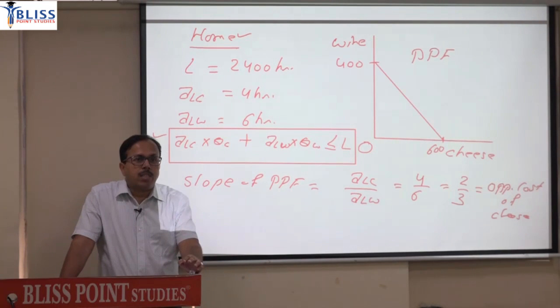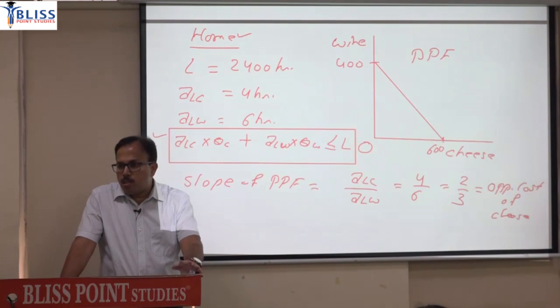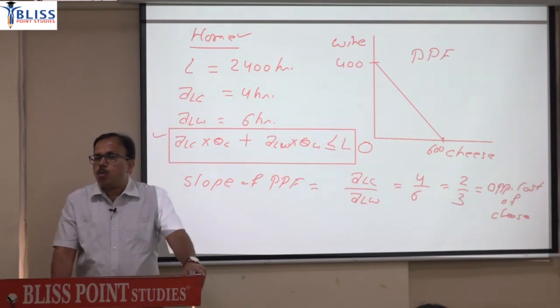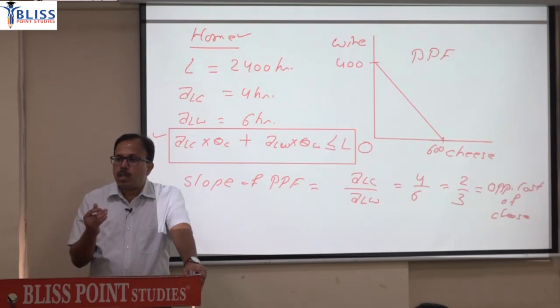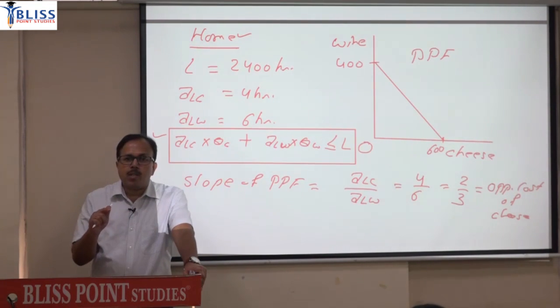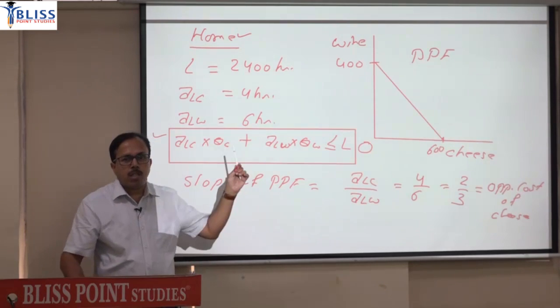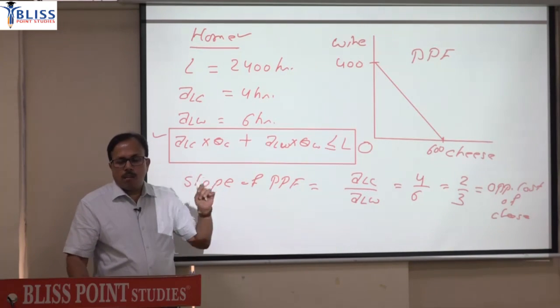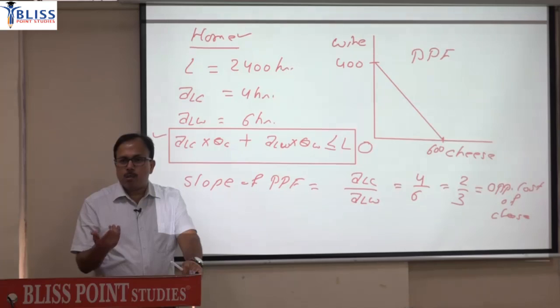Opportunity cost is always stated in terms of the other use that you sacrifice. So opportunity cost of cheese in terms of wine, opportunity cost of wine in terms of cheese. उसको नंबर से जस्टिफाई करो, उसका मतलब क्या है? If you want to produce one extra unit of cheese, how much time it will take?